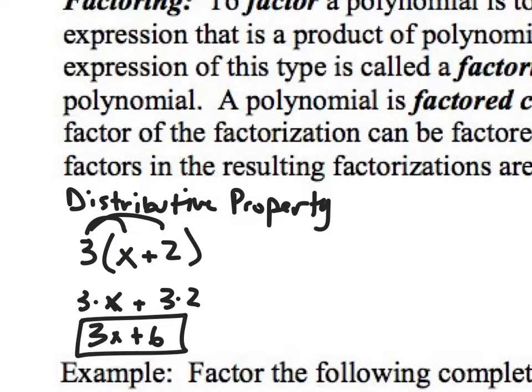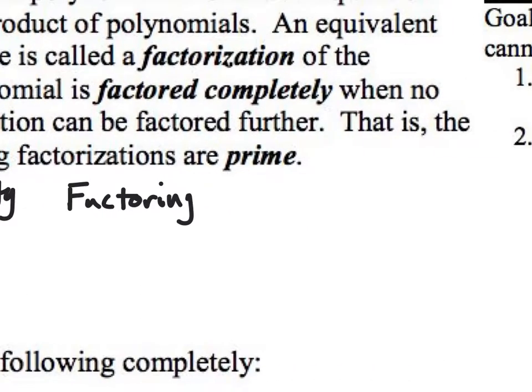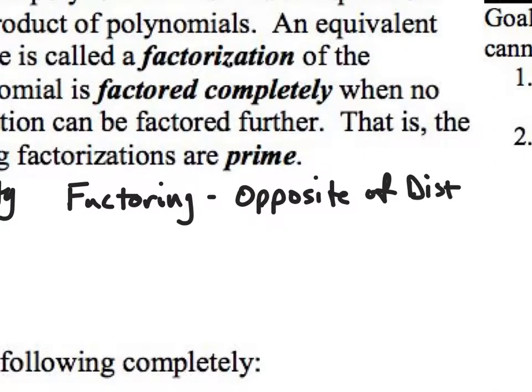Now, I think we're all pretty used to the distributive property, but if I do factoring, that's the opposite of the distributive property. So if you had the phrase 3x plus 6, the question is, is there a common number that multiplies into 3 and into 6?